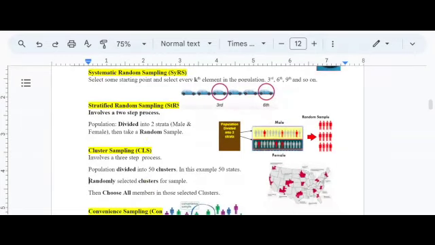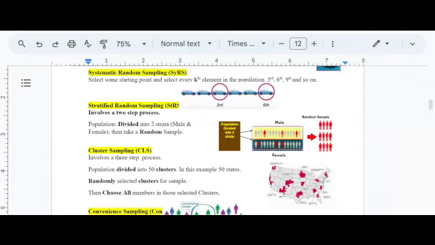Cluster. In the United States, we have how many states? 51. Well, 50. 51. Which number one? The last one, 51, Hawaii. So I will divide the United States into 51 states. And from that state, I will take all the people who are doing the voting for Trump or whoever the president.